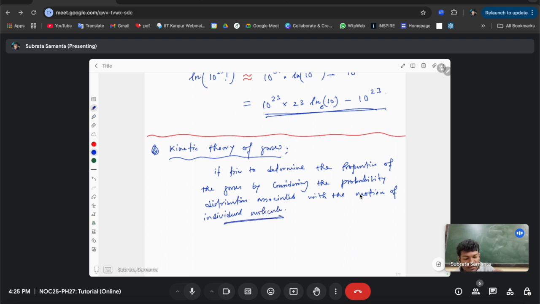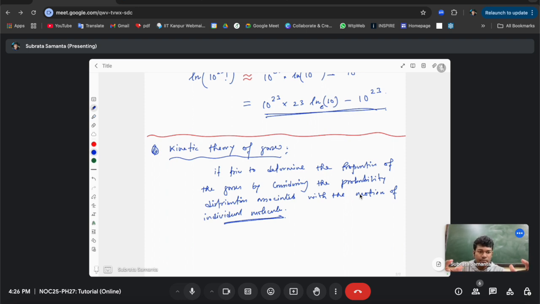Okay, so listen very carefully. The kinetic theory of gases tries to determine the properties of gases by considering the probability distribution associated with the motion of individual molecules.